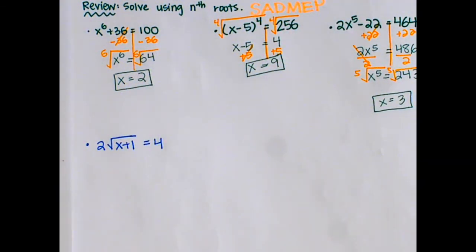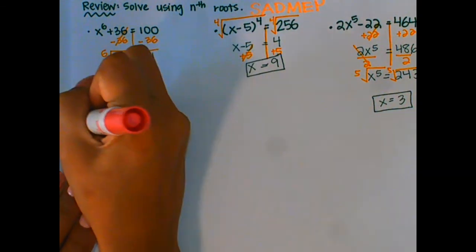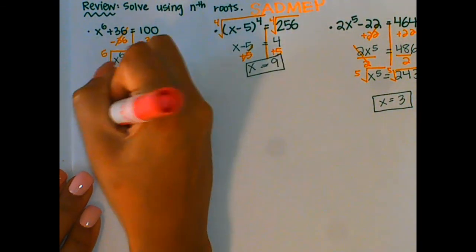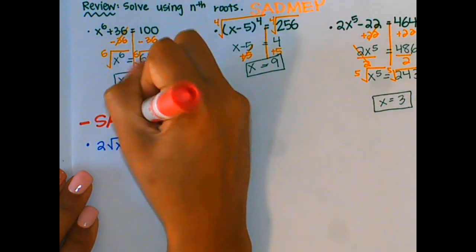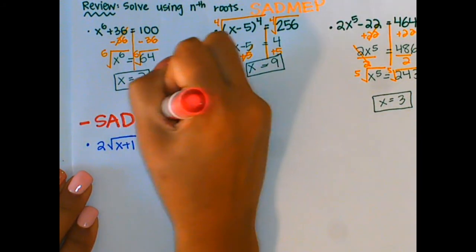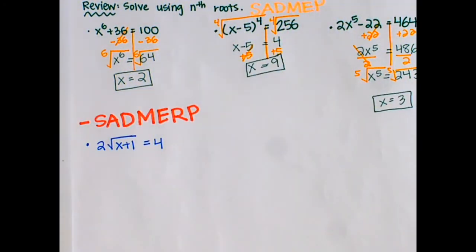For this problem, we want to use similar steps as SATMEP, but I am going to change it up just a little. For this, I am going to use SATMEP. So subtraction, addition, division, multiplication, that one will stay the same.